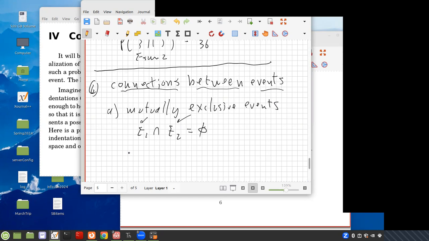So the probability of E1 union E2 of mutually exclusive events is going to equal the probability of E1 plus the probability of E2.